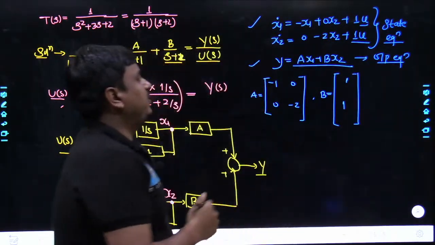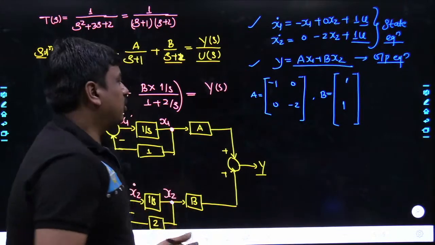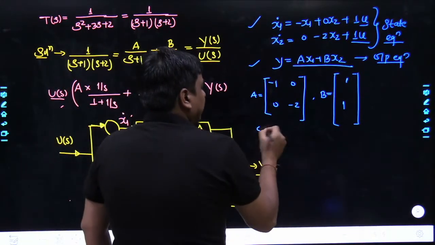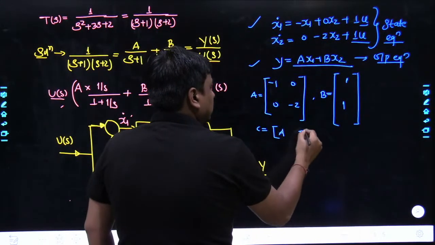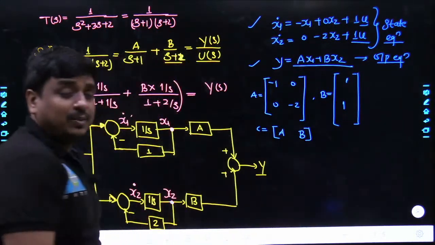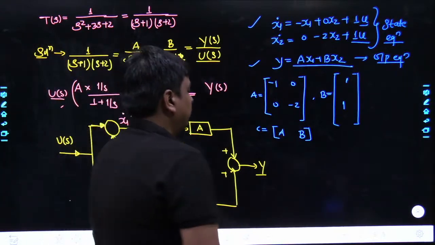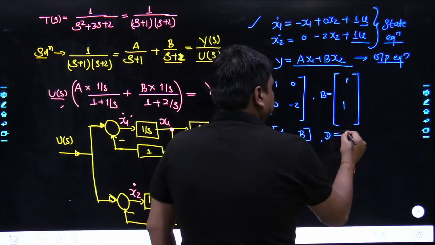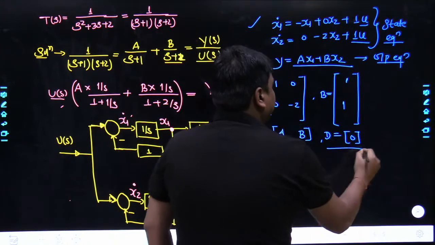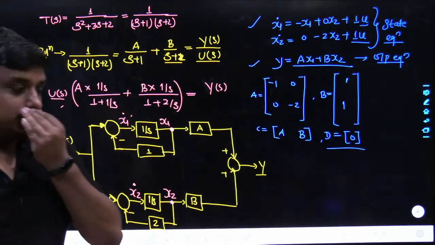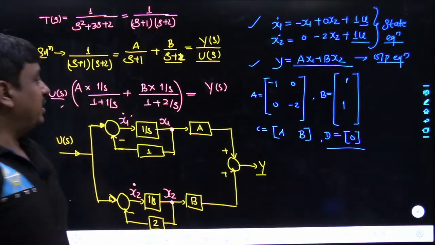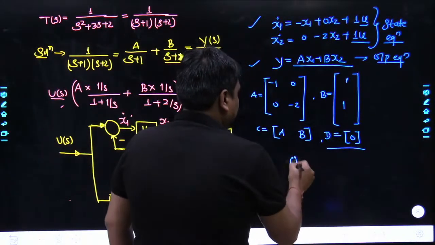If we talk about the matrix C, it is going to be a row matrix, which we have seen earlier, with the multiplier factors A and B. And at the end of the day, D is simply going to be a null matrix.